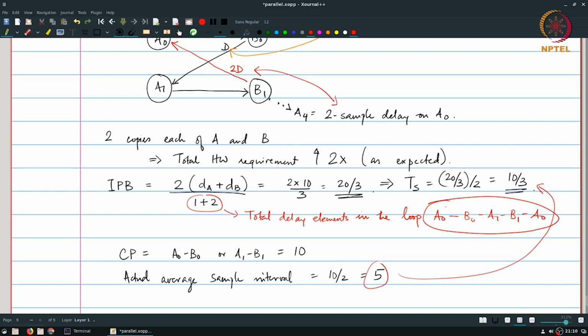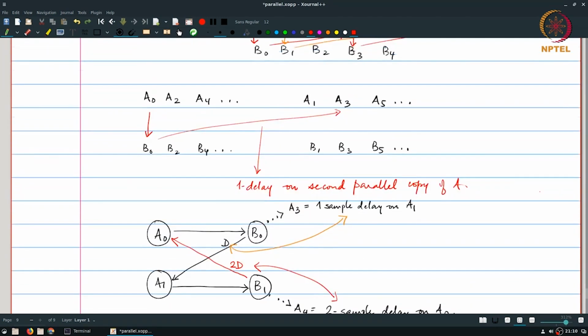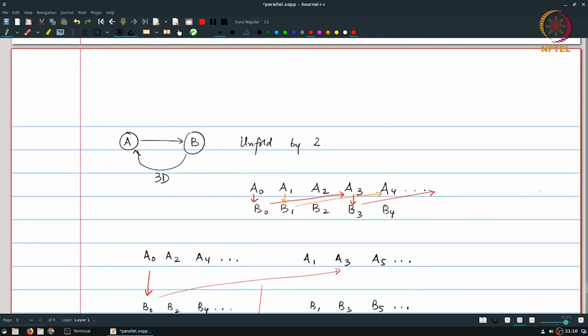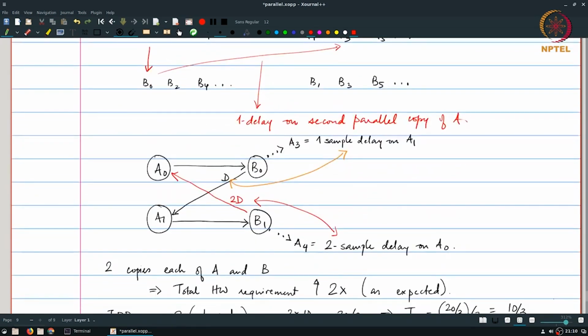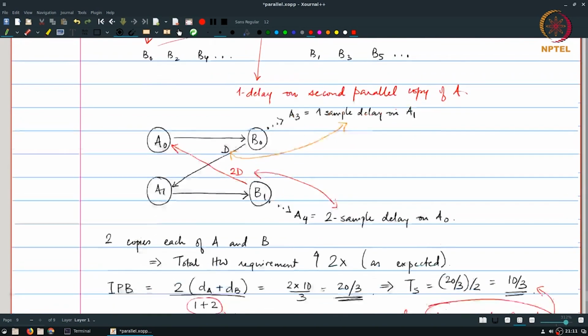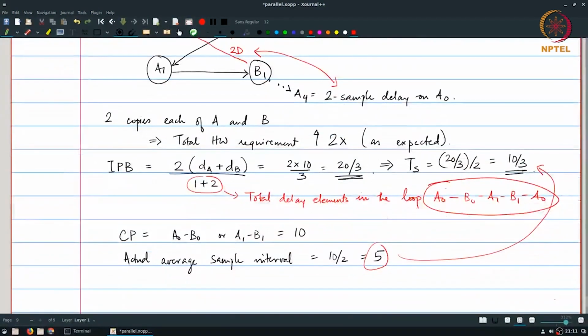So in other words, effectively what we are seeing over here is this example was primarily to show that you don't always have to unfold by a factor which will give you the completely separated out loops. In fact, in some cases it may not even be possible, but in general, by unfolding in this way, you can create a resulting structure which has a better average sample interval than the original structure that you started out with.